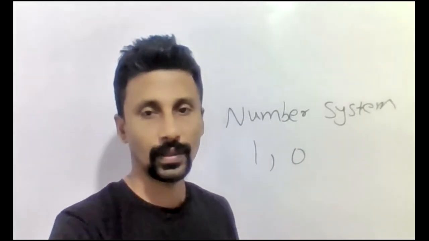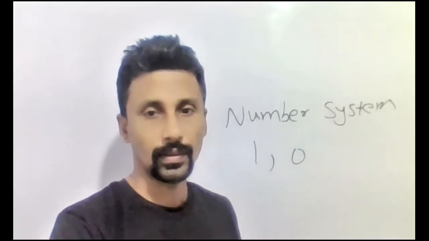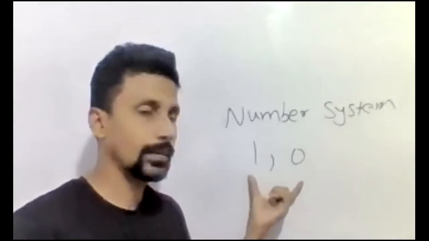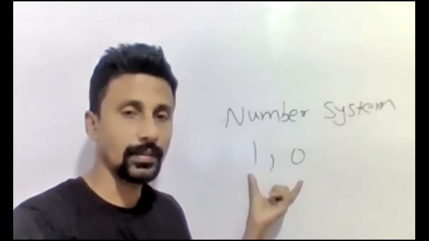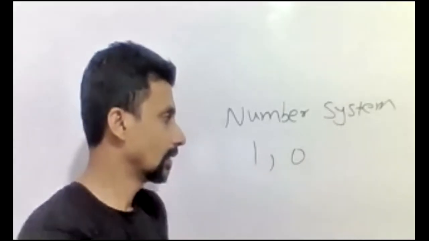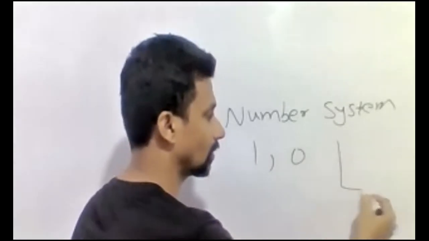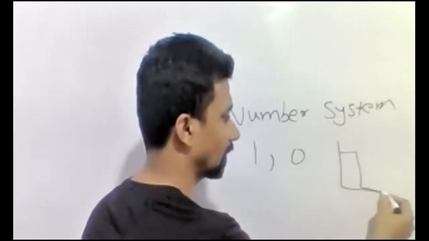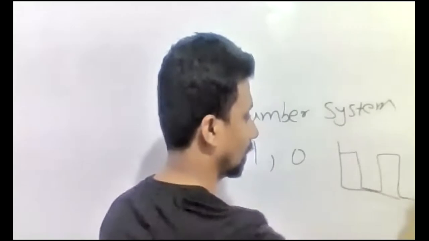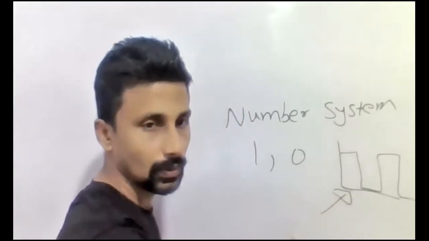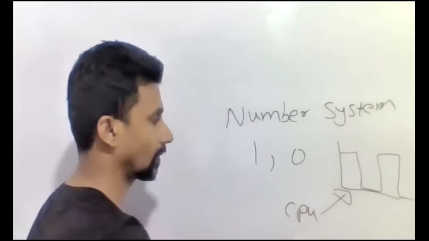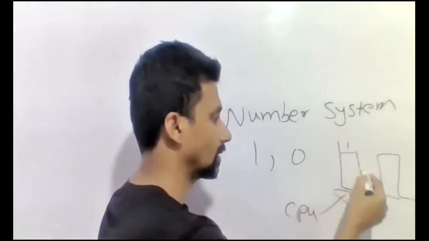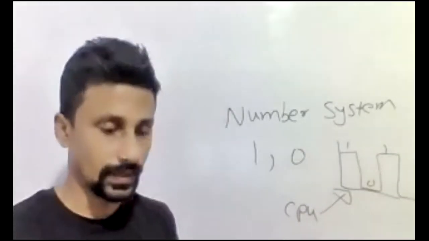So what will happen when the computer is getting these ones and zeros, like an electric signal, something like this? The CPU or the processor is getting a signal like this. If it is 1, this is 0, like this, you will be getting a signal.